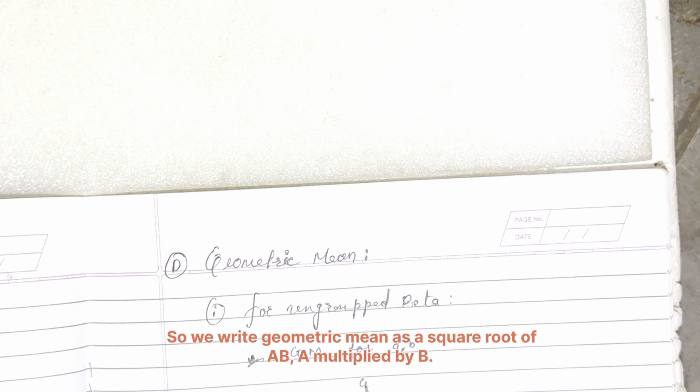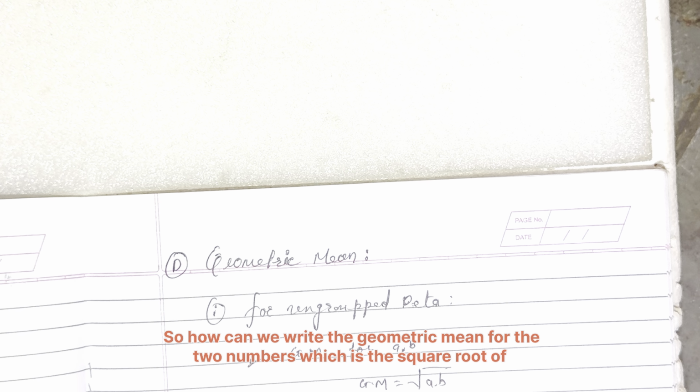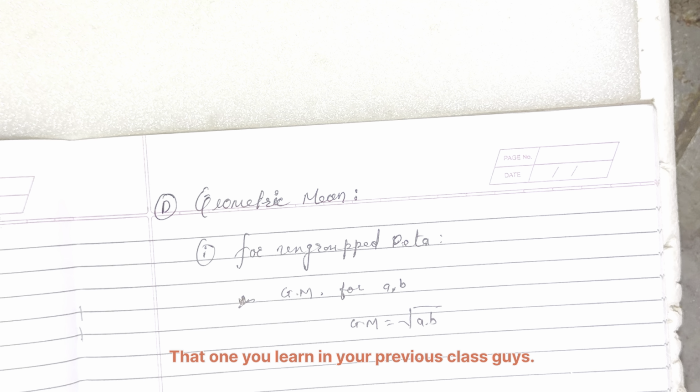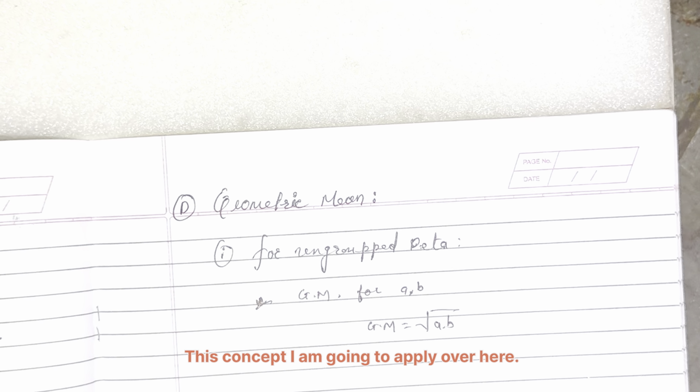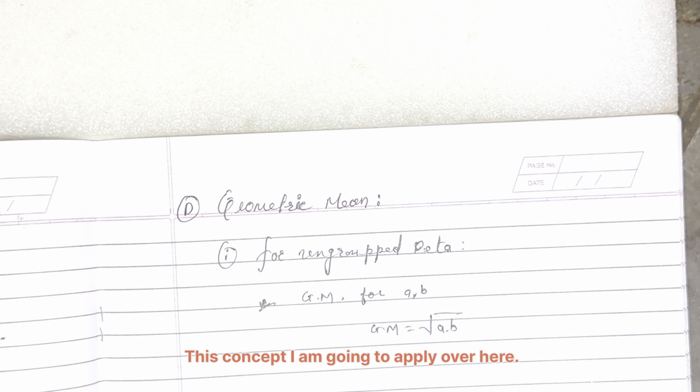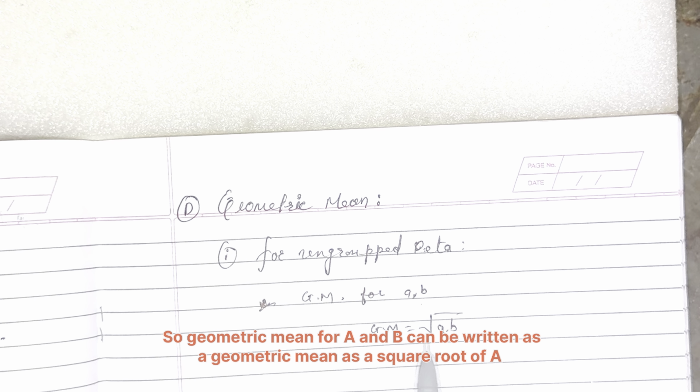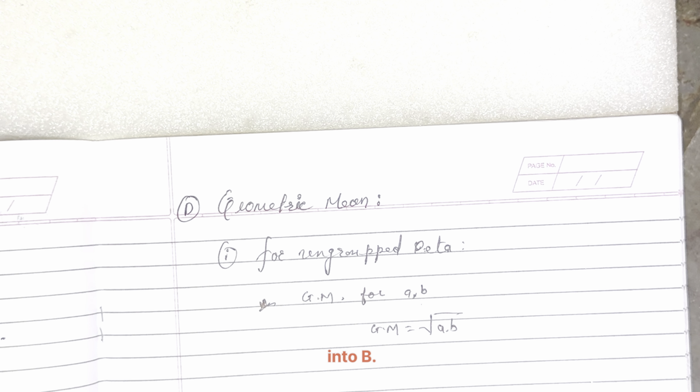So we write the geometric mean as the square root of AB, A multiplied by B. That is how we write the geometric mean for two numbers, which is the square root of A multiplied by B. You learned that in your previous class, guys, and this concept I'm going to apply here.